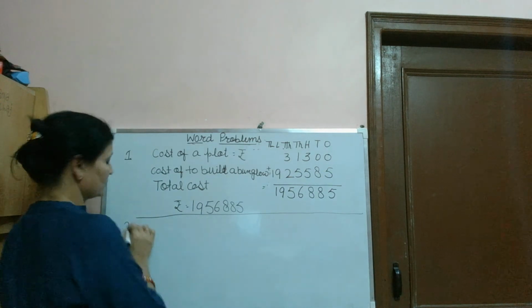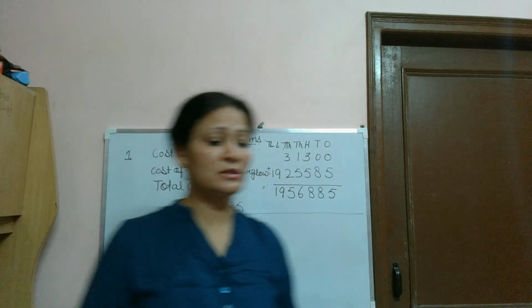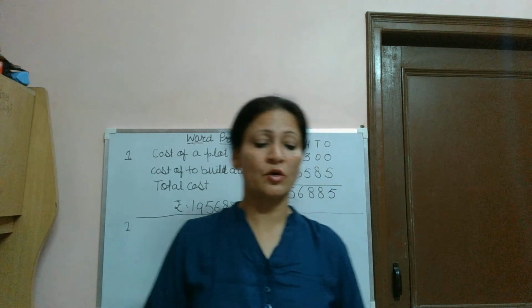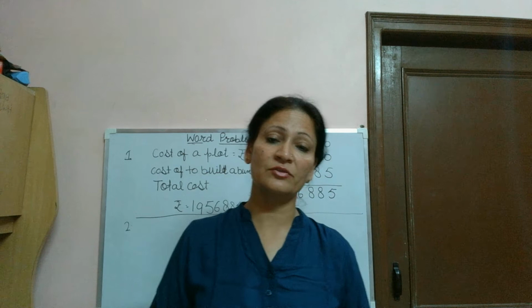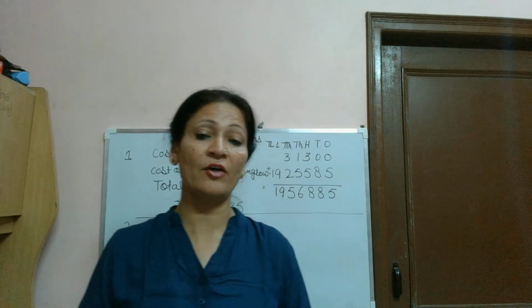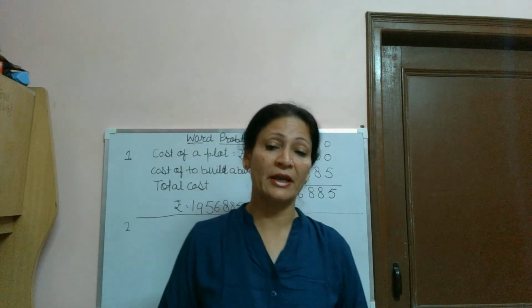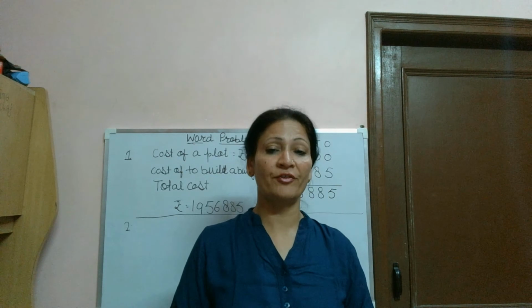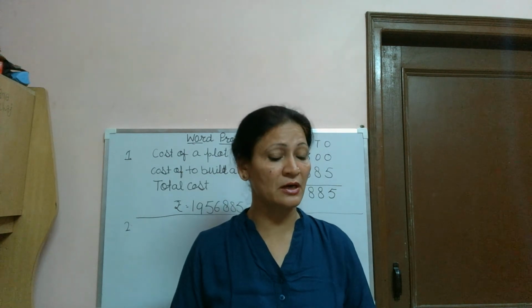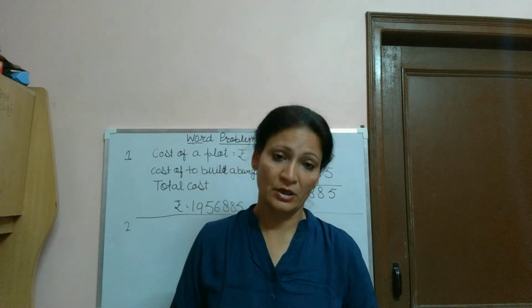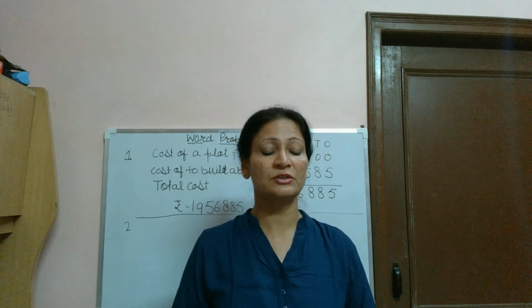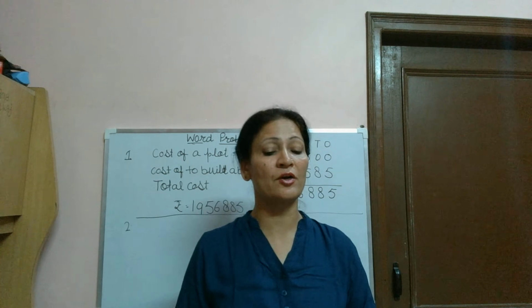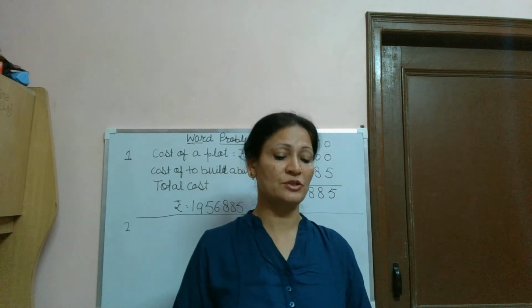Question 2. Question 2: a water tank stored 3,59,600 liters of water, out of which 1,60,200 liters of water was distributed.